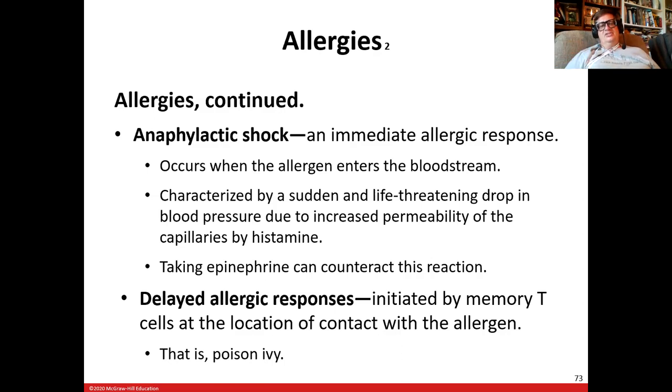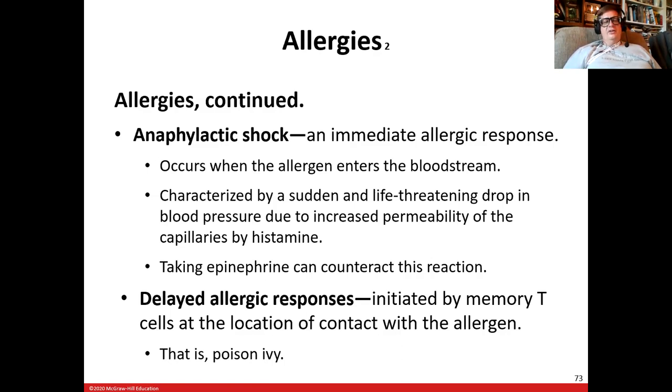And so you're going to get this huge drop in blood pressure because you don't have enough fluid for everything to be open at once. And this is caused by the dilation and by the release of lots of histamine, so fluid leaves the blood. You could take epinephrine to counteract the reaction and end the anaphylactic shock. That's the best way to put it.